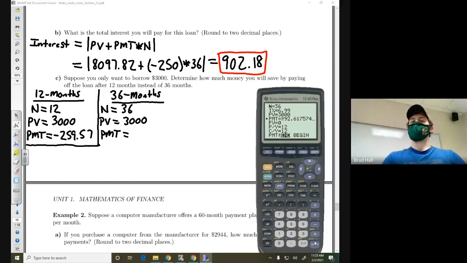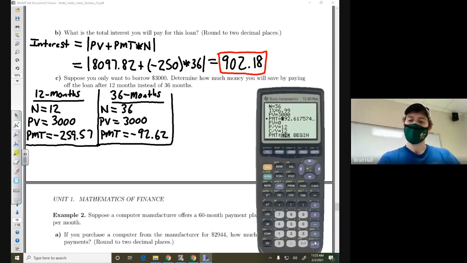Or in other words, how much would Discover expect me to pay each month? $92.62. So Discover could come up to me and say, hey, all you have to do for this personal loan is pay about $93 a month.